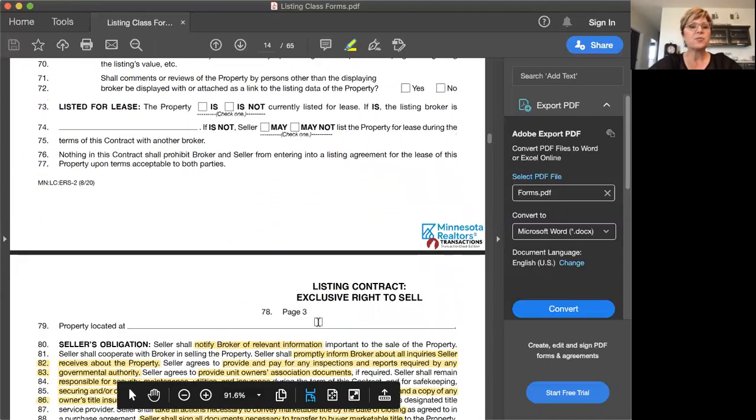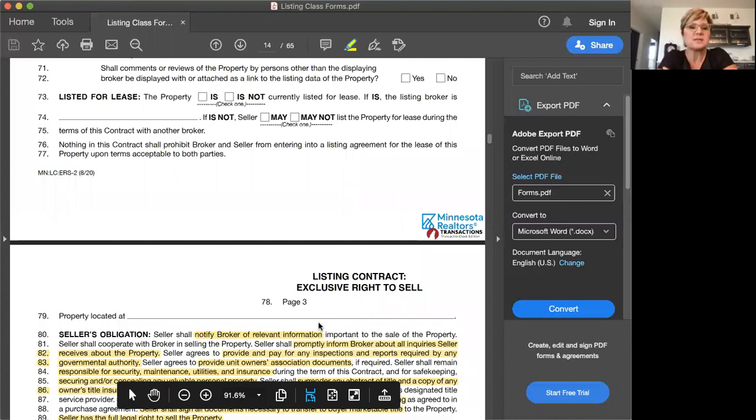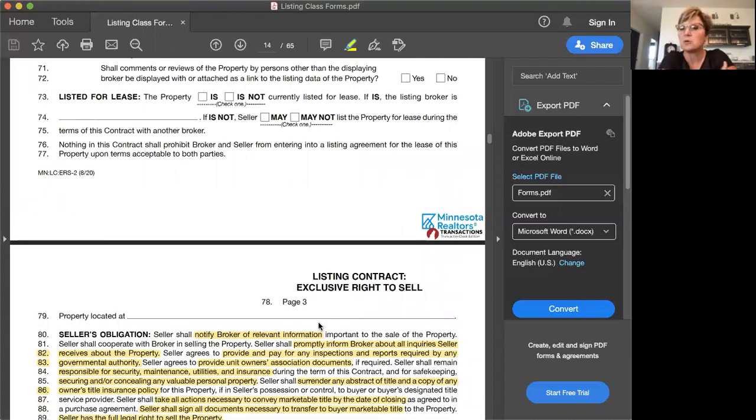Lines 73 through 77 just say whether this property is or is not currently listed for lease. If it's not, you're obviously going to check is not, and then you're going to go to line 74 and say, does the seller have the right? They may or they may not list the property for lease during the terms of this contract with another broker. So it is legal for them to have the property listed with you for sale and list with another brokerage.